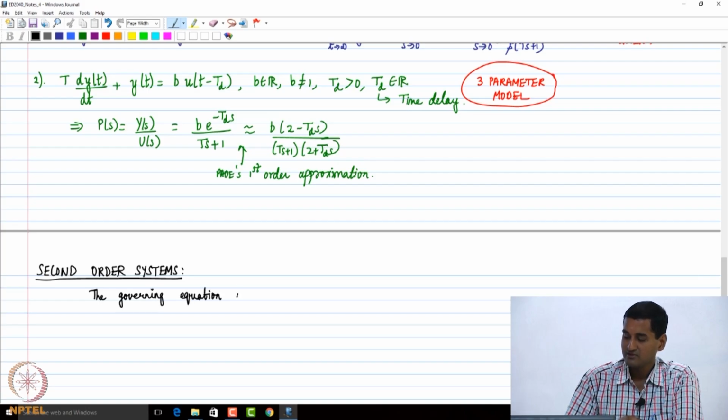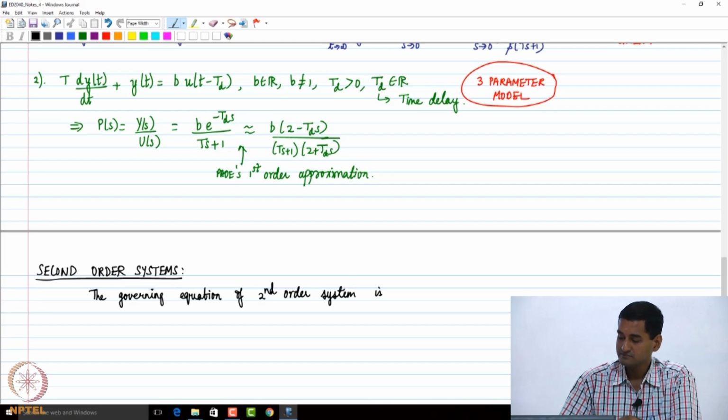of second order systems is typically taken as the following. What is that?